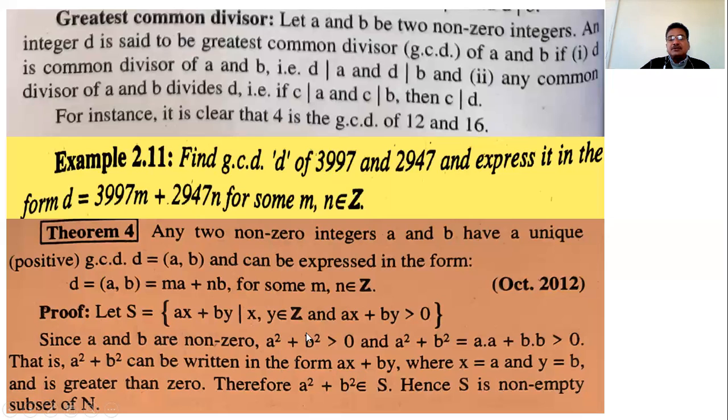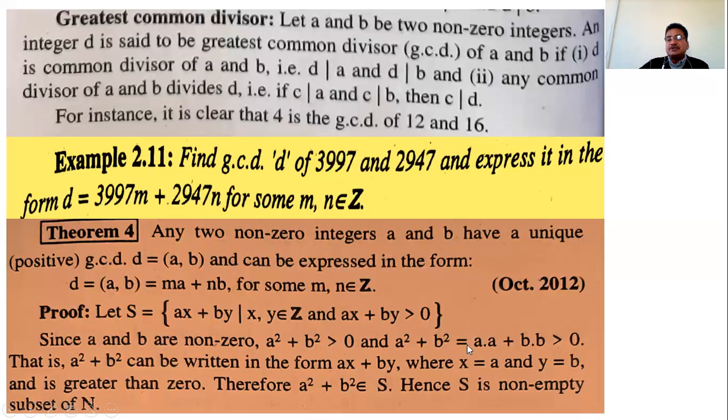So a square plus b square, both being positive, is strictly greater than 0. And a square plus b square is of the form a into a plus b into b. Suppose this a is x and this b is y, then this element is of the form ax plus by.